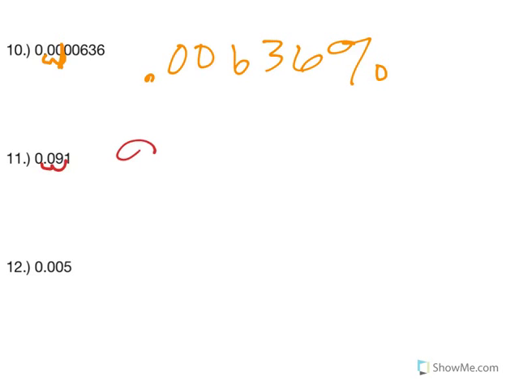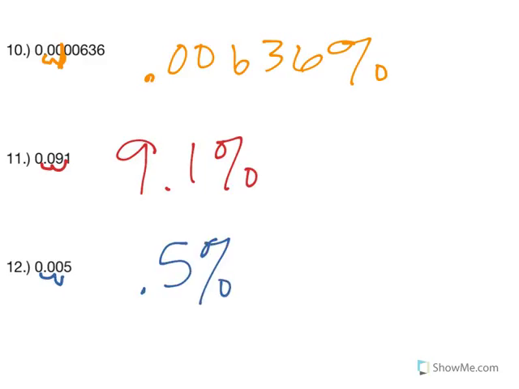In number 10, a lot of numbers, but I move it just 2 places, so here's where my new point is. So I have 0.00636%. If I move it 2 places to the right, I have percent. Number 11, 2 places, so I have 9.1%. And in number 12, 2 places, I've got 0.5%.